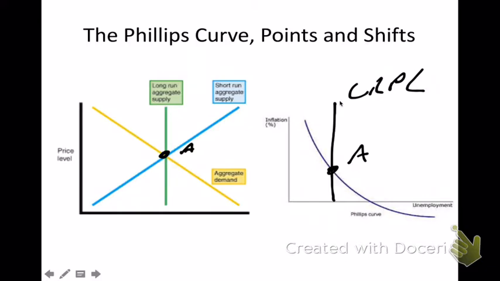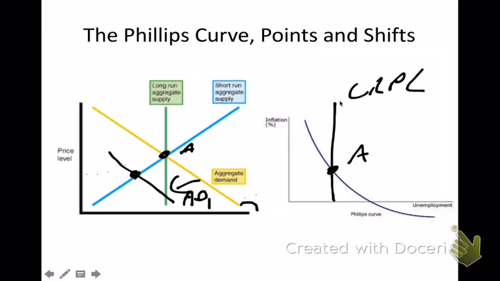Yep. All right. So here's how they ask stuff on the AP exam. Okay, let's say that you have a situation where AD decreases. Oh, sad. Which means you're in what? A recessionary gap. Okay, AD decreases. Sad emoji face, right? Okay, so what's happened here? Okay, good. Price level decreases.